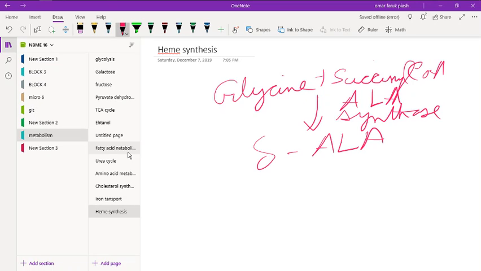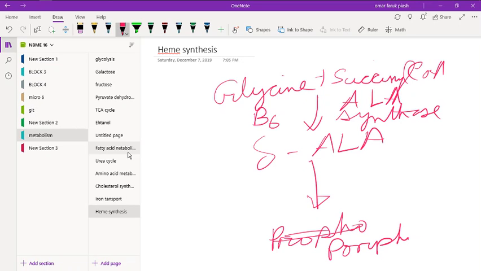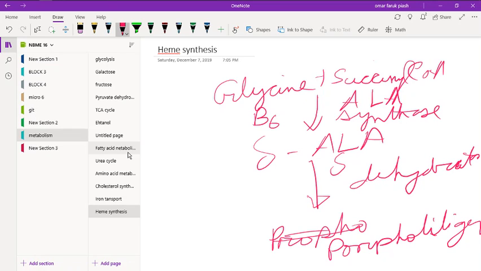Here, B6 acts as a coenzyme. This delta aminolevulinic acid is further converted into porphobilinogen with the help of delta aminolevulinic acid dehydratase, and this can be blocked by lead.